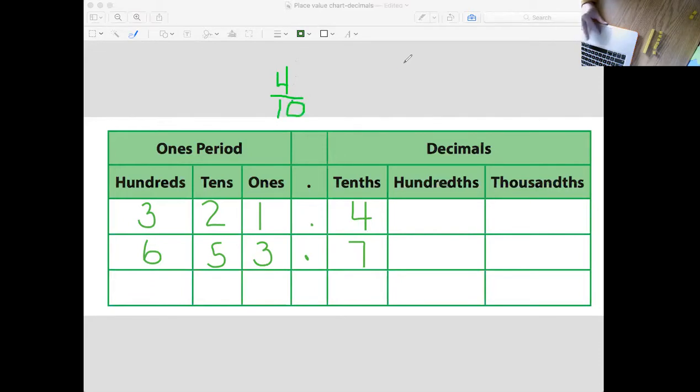And this one is 7/10. Right? You've seen the fractions like that. Decimals are another way to write a fraction, and these are the tenths.